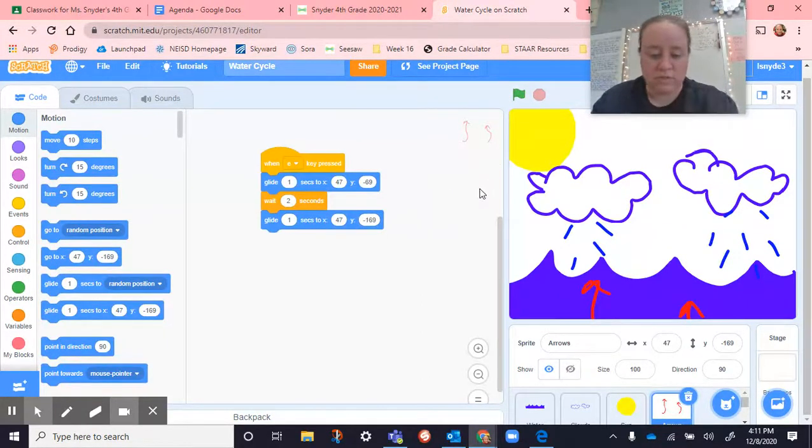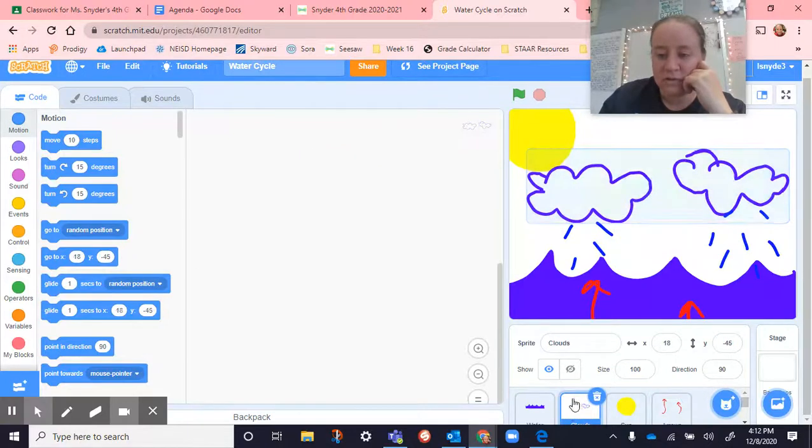Okay, so when the E is pressed, they rise, they wait 2 seconds, and then they glide back down. Okay, so in order to do that, I had to have my arrow sprite made, and I click the arrows, and whatever coding goes in here is specific for that sprite.